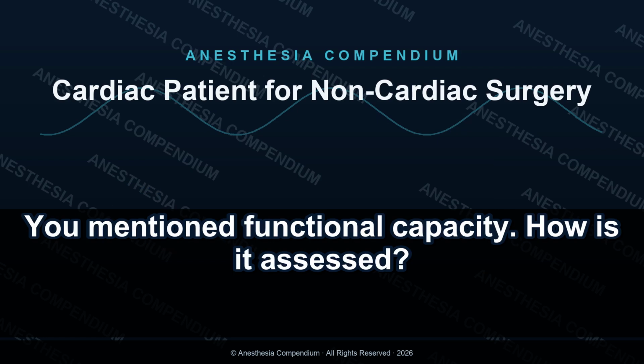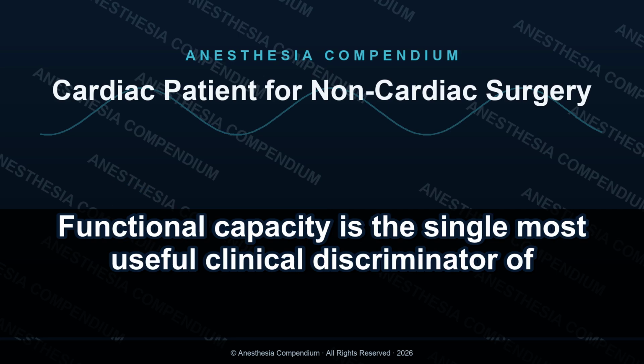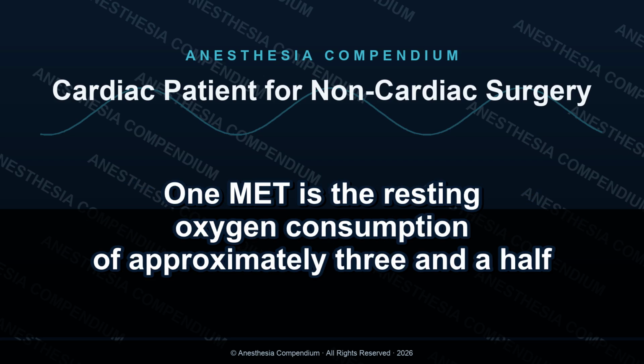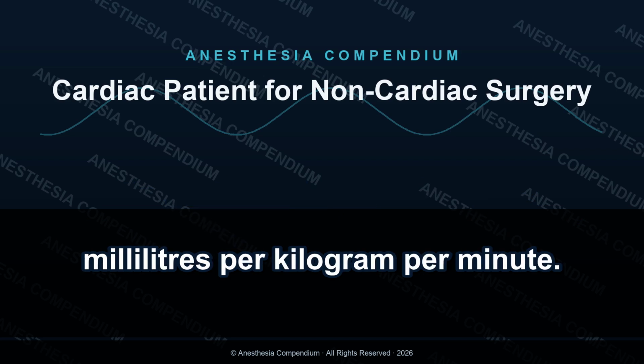You mentioned functional capacity. How is it assessed? Functional capacity is the single most useful clinical discriminator of perioperative cardiac risk, and it is expressed in metabolic equivalents, or METs. 1 MET is the resting oxygen consumption of approximately 3.5 milliliters per kilogram per minute.